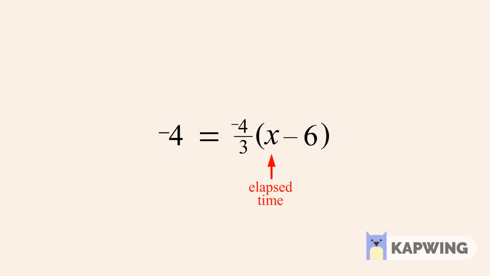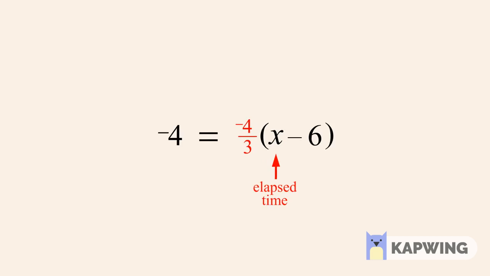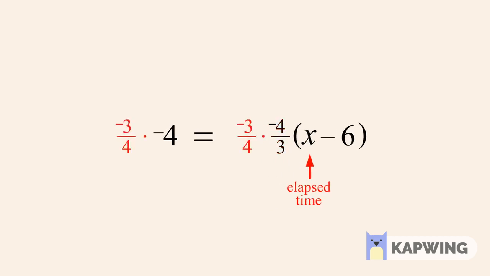Since we are trying to find the value of x, we want to rearrange the equation so that x is alone on one side. To do this, we must first eliminate the -4/3 by multiplying both sides of the equation by the reciprocal of -4/3, which is -3/4.